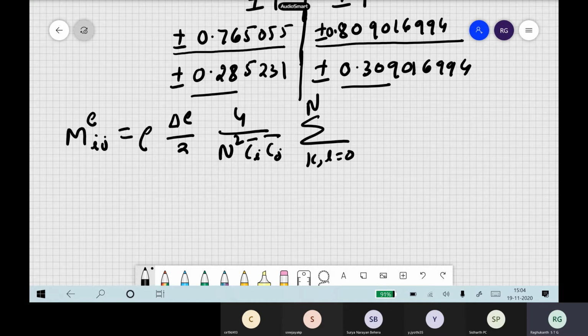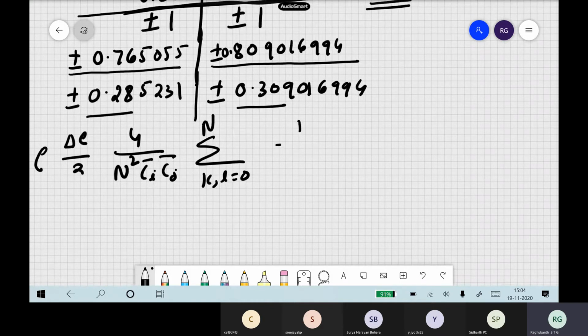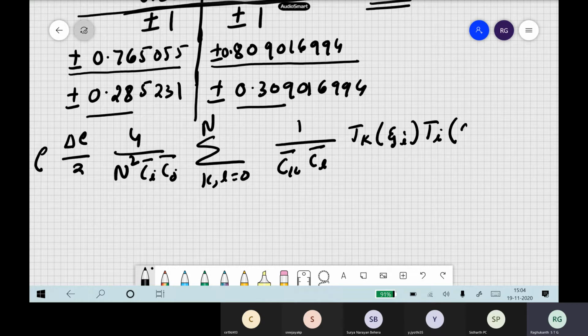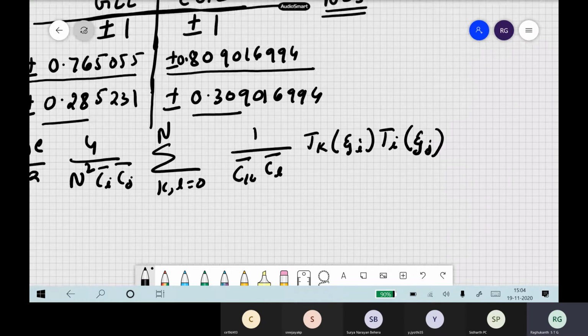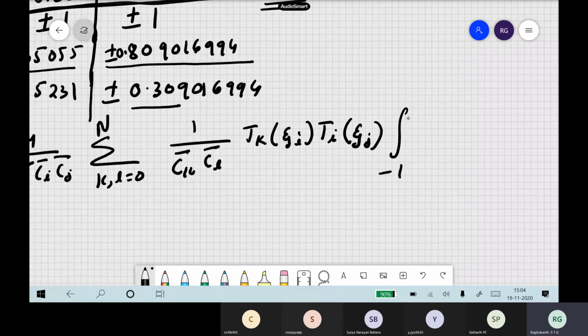You have to do that integral for the mass matrix, using Chebyshev polynomials, ck bar, cl bar, then Tk of psi I and Tl of psi j, and the integral from minus 1 to 1 of Tk of psi and Tl of psi d psi. So this is our mass matrix.